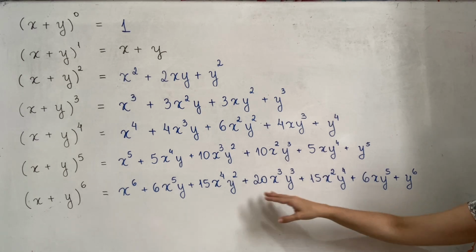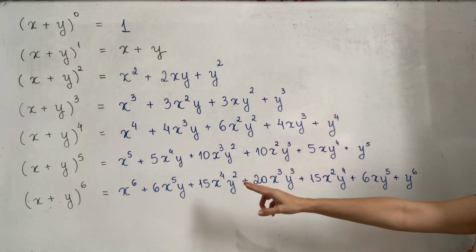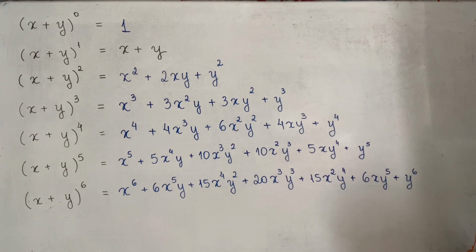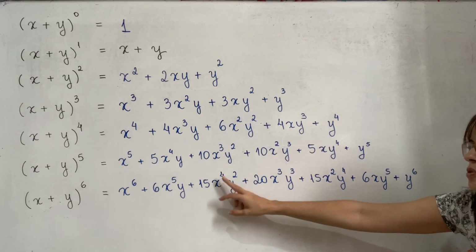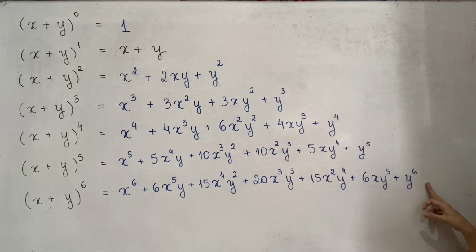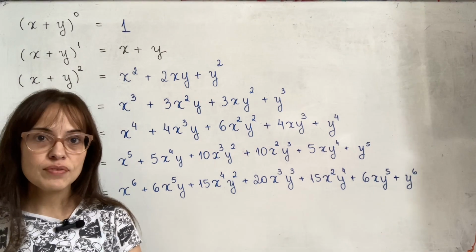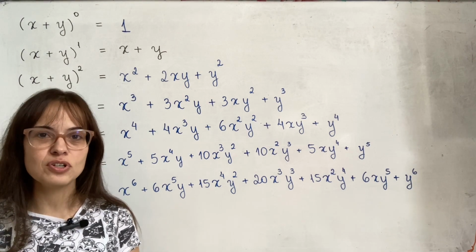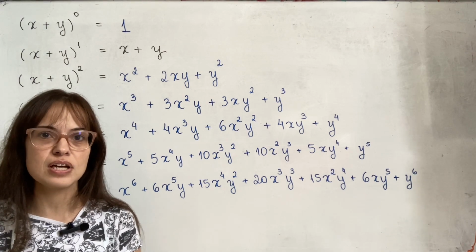So if you look at the last line, it starts with x to the power of 6, and then it has a term with x to the power of 5. The next one is x to the power of 4, 3, 2, 1, and then no x's at all. Okay, so it's convenient to write them down in this order. So have you seen it yet? Have you figured out what the connection is between these 2 exercises?